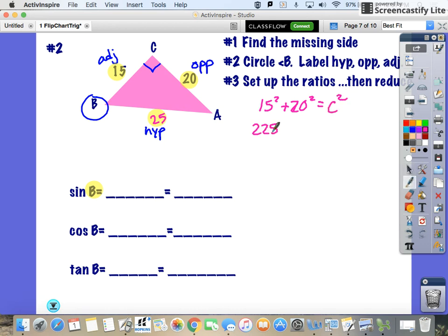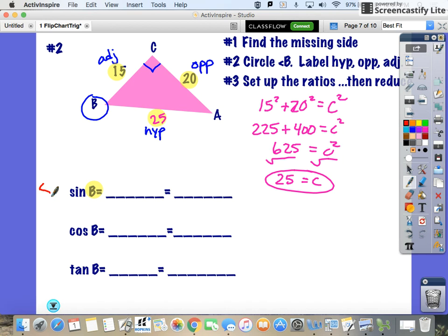This is 225 plus 400 equals c squared. 625 equals c squared. Square root of 625 is 25. So even if you don't recognize a 3, 4, 5 triangle, that's fine.